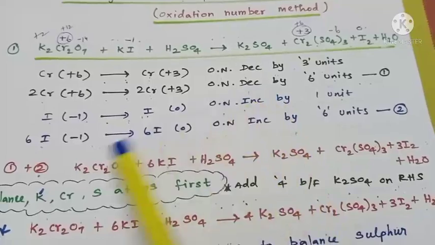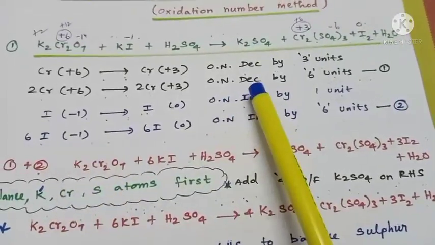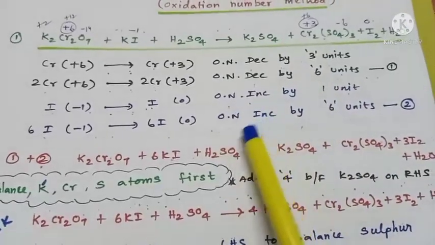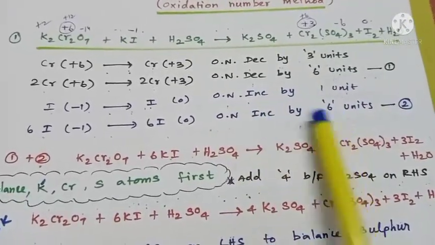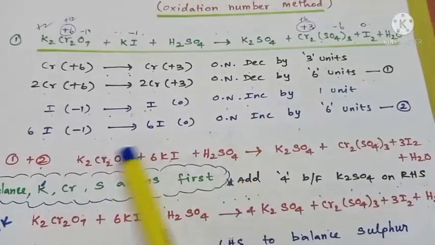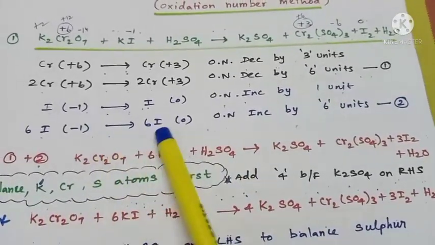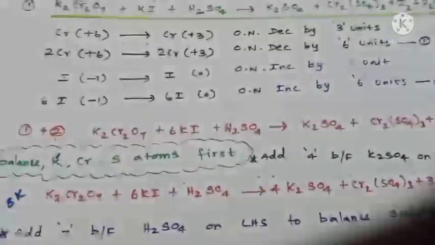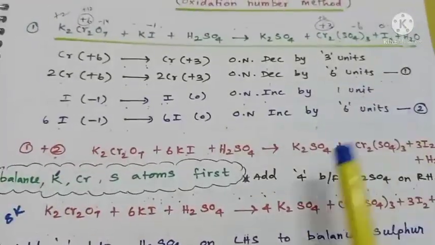Now this equation I am going to multiply by 6 because oxidation number decreases by 6 units. Let us make the increase also by the same number, so the equation is multiplied by 6. So now you are getting 6I minus 1 state gives 6I 0 state. Oxidation number increased by 6 units. So now we have balanced increase in oxidation number and decrease in oxidation number.